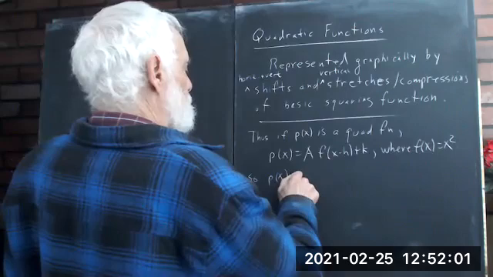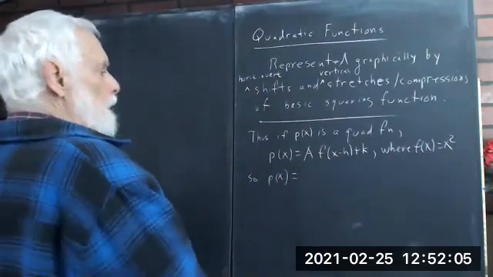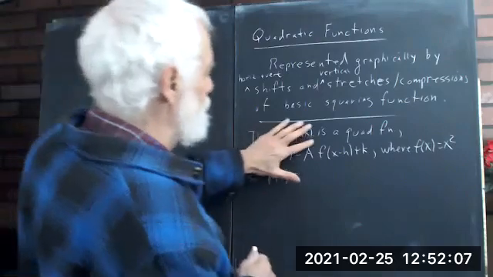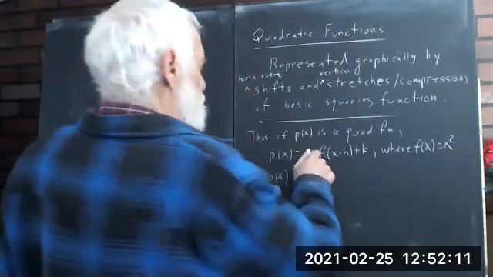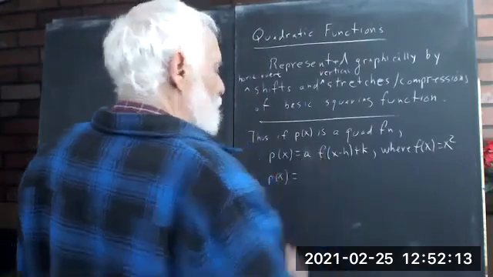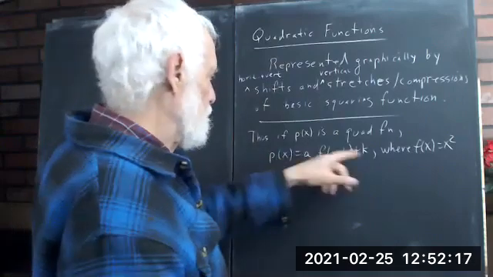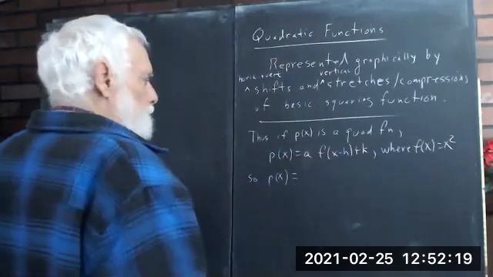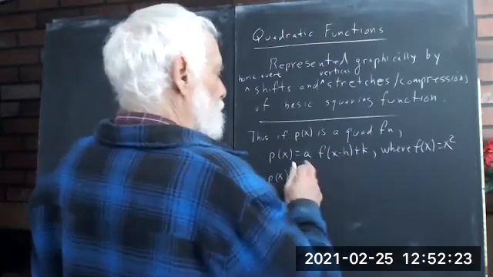It then follows that P of X, and to keep the notation consistent, I'm going to use a lowercase a here. I usually use an uppercase when I'm doing stretches and compressions and shifts of a function f of x, but I'm going to use lowercase.